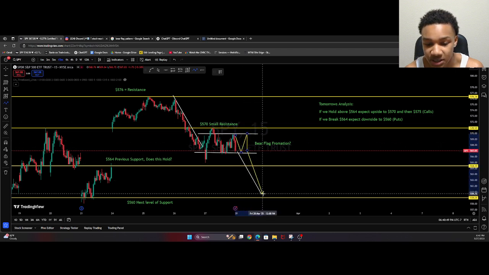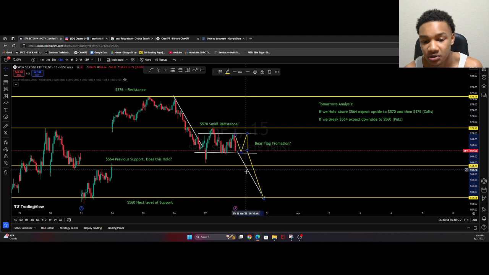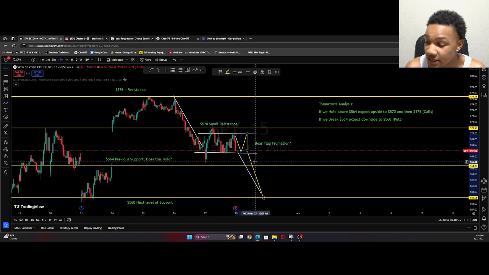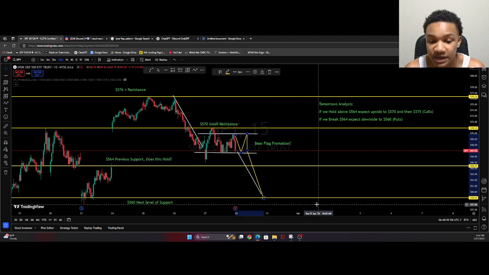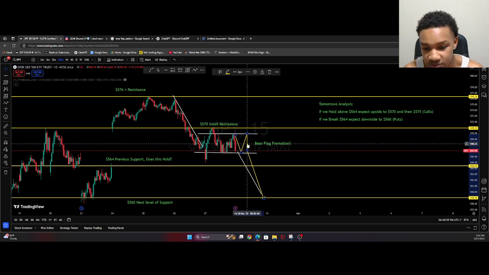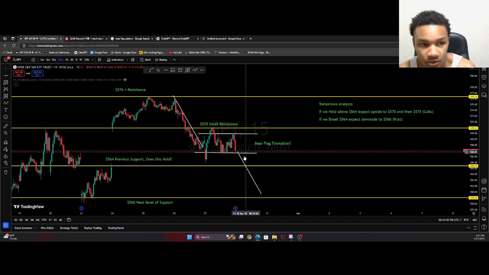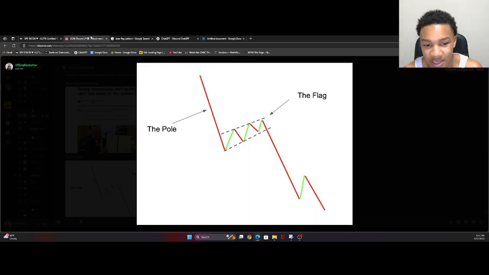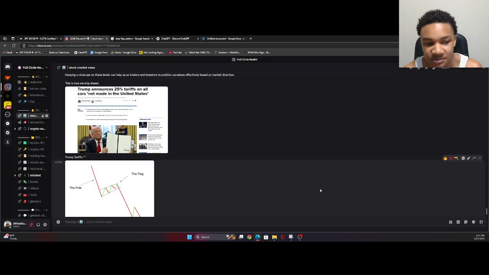It's either going to the upside or this side. But historically, based off the pattern, we're guessing and predicting that it's going to go to the downside because of what the historical pattern shows us. It breaks down to the downside. So that's what the bear flag pattern means. That's what the bear flag formation means.